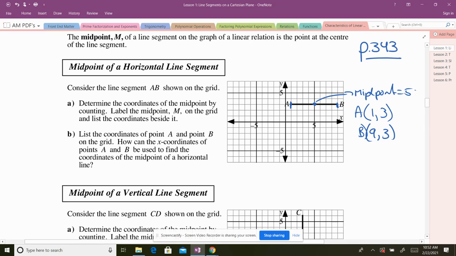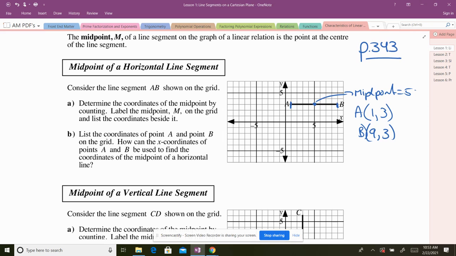Now, midpoint is like average. How do you average something? Divide by 2 in that case. If you're averaging something, you add the terms together and divide by the number of terms.